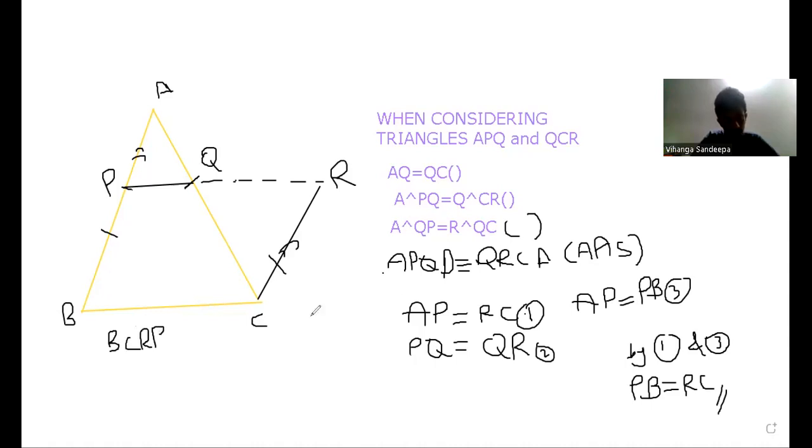PR equals what? Now PB equals RC. And also PR equals BC.